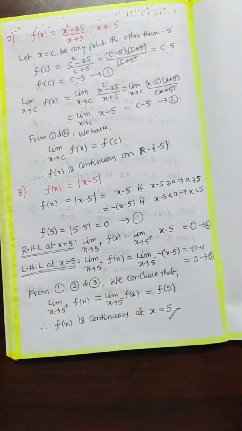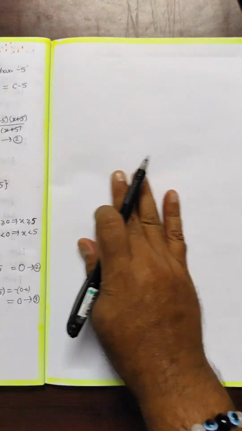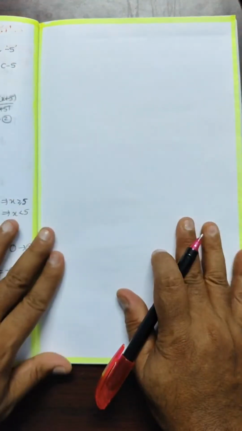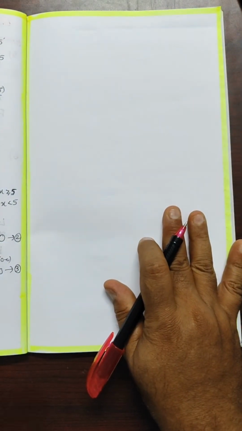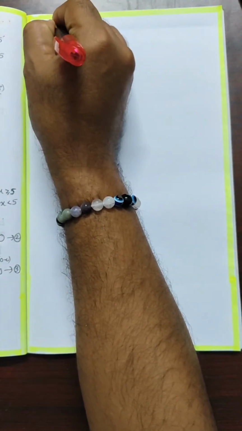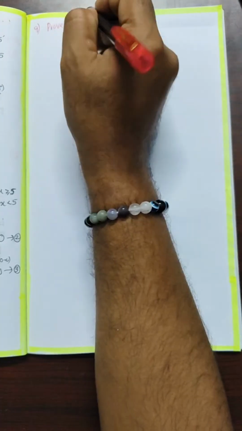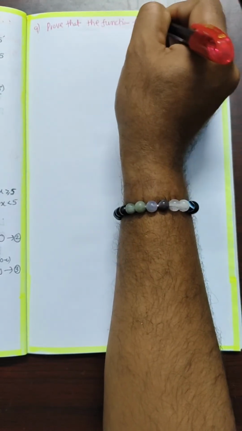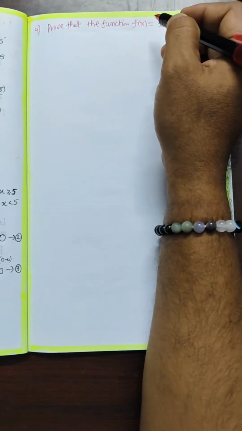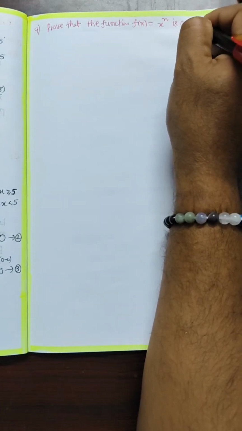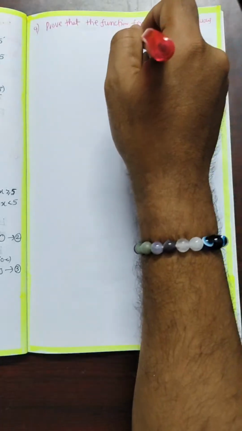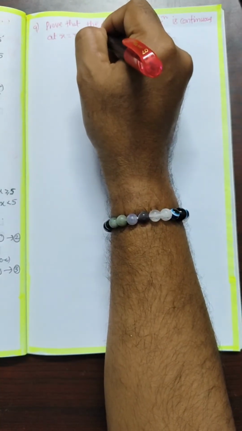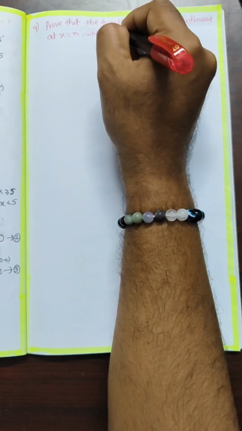Next, question number 9. Prove that the function f of x is equal to x power n is continuous at x is equal to n, where n is a positive integer.